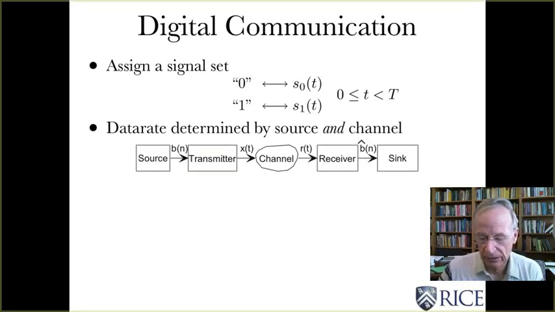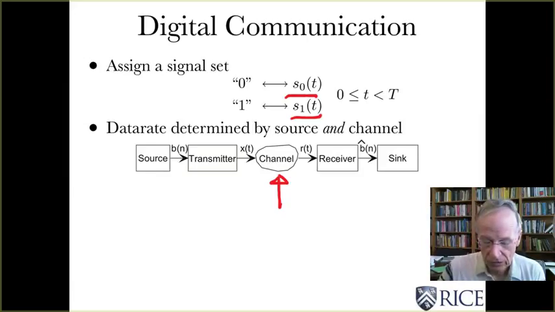Now, what I mean by that is we've discovered that whatever choice we make for a signal set demands a certain amount of bandwidth. Well, the channel has to be able to support that kind of bandwidth. In other words, it cannot narrowband filter the signal so much that it impinges upon the bandwidth that's required to send the bits. So the data rate determines what the bandwidth is in most cases.